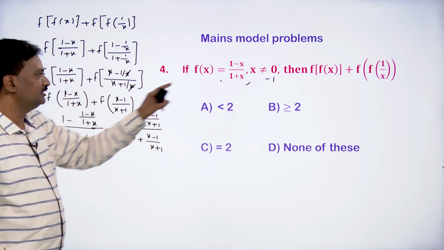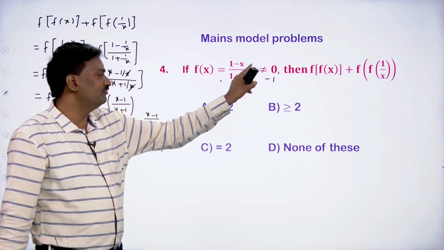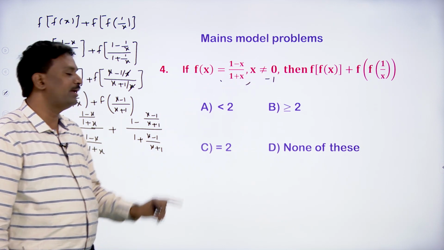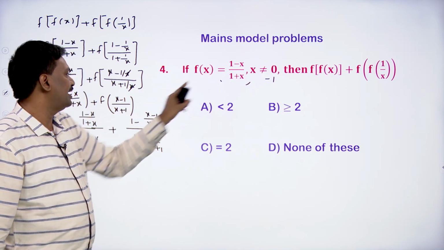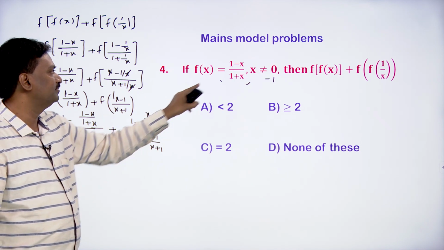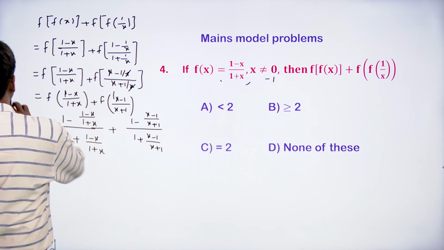So for the first function in place of x, write (1 minus x)/(1 plus x). For the second function in place of x by writing (1 minus x)/(1 plus x), so f of x minus 1. So 1 minus (x minus 1)/(x plus 1) by 1 plus (x minus 1)/(x plus 1).